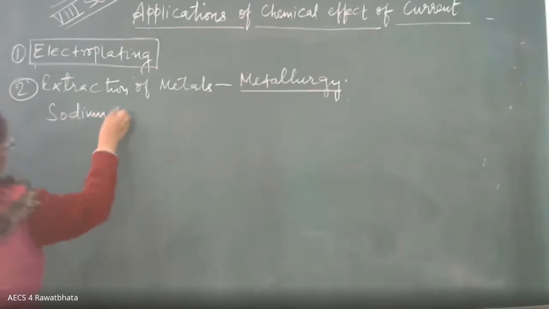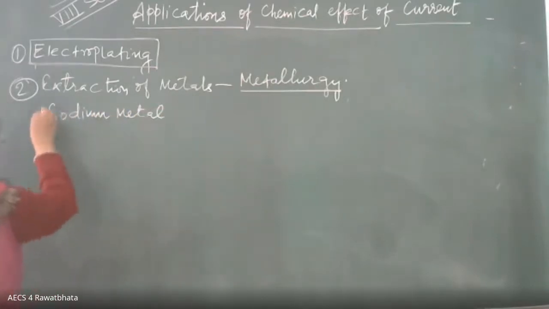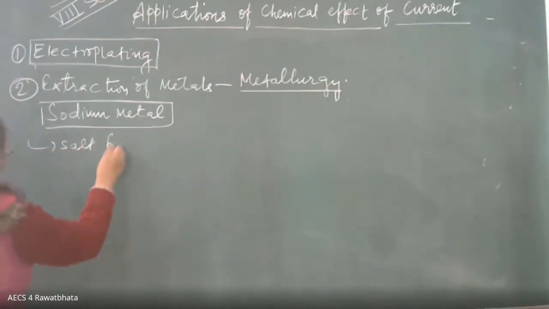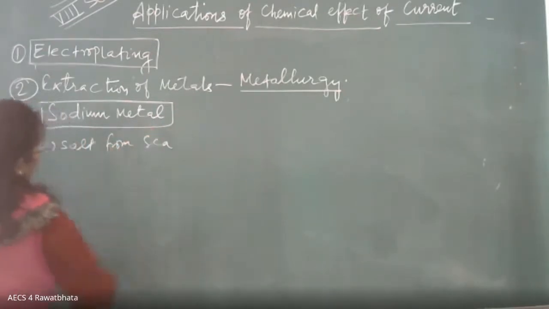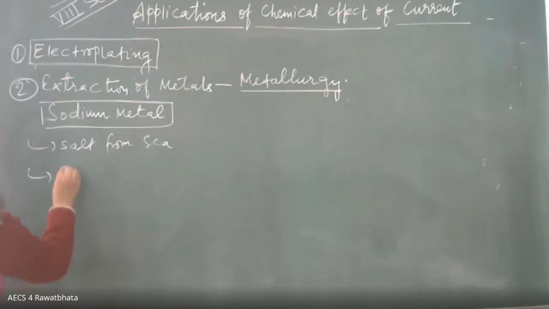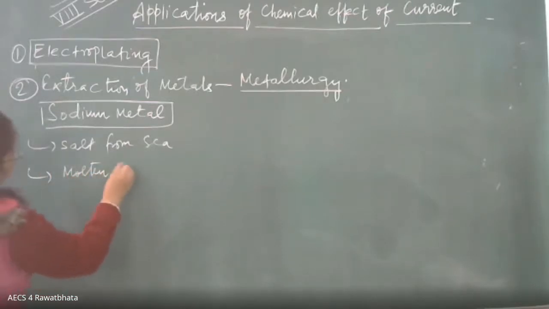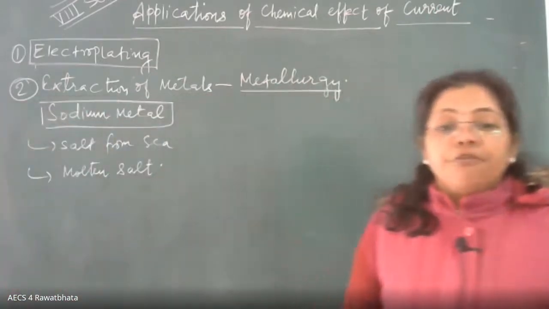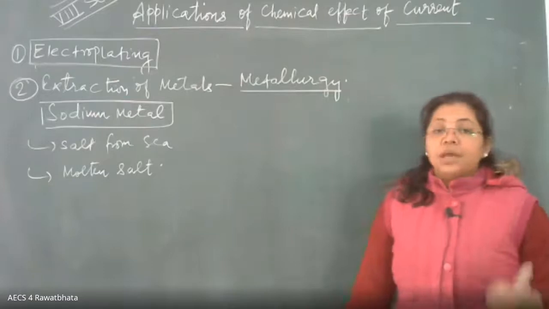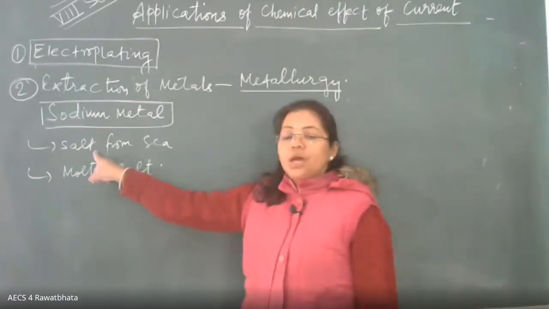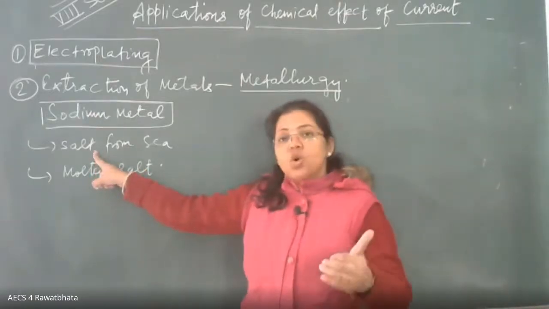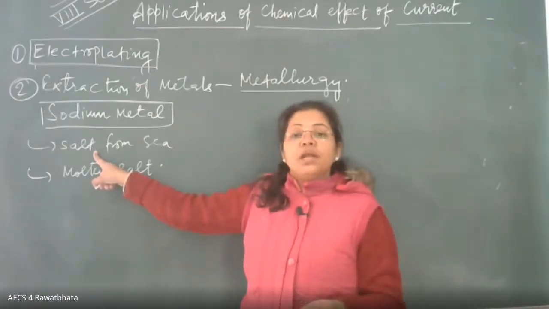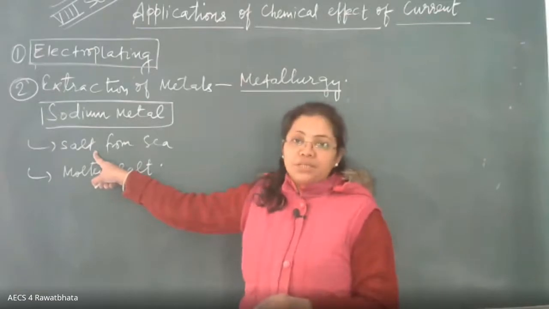So for sodium metal, first we obtain salt from sea. Then this salt is converted into molten salt. Molten salt means we melt it out. जो नमक हमें समुद्र से मिलता है उसको हम पिघलाते हैं, we melt it and we make it a liquid. So we call it molten sodium chloride, right?